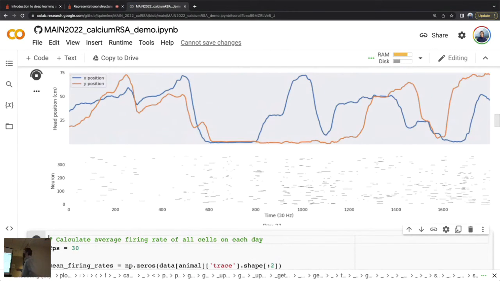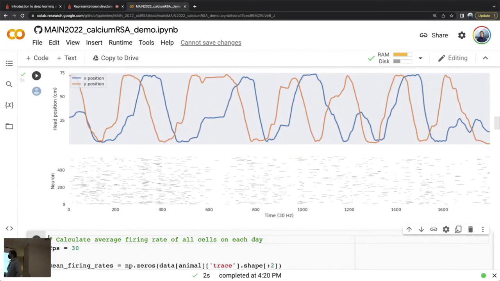And then this function I have is going to plot the traces. Can't really see them there, but you should see several hundred neurons and then very dynamic X and Y position data that we have aligned to the neuronal time series. So this serves as the backbone for building all of the rate maps.